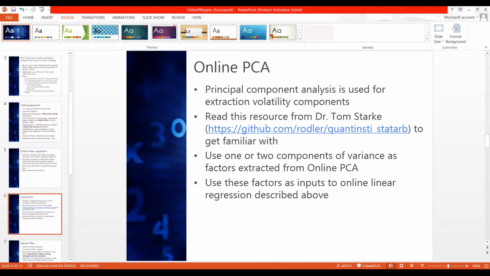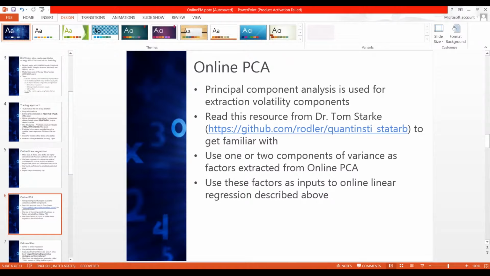It's a very interesting resource, on how he used it in multiple statistical arbitrage. I used a similar approach, but online, so I retrain the model every day. I use one or two components of variance as features for an online model, also linear regression, online linear regression, which I described above.